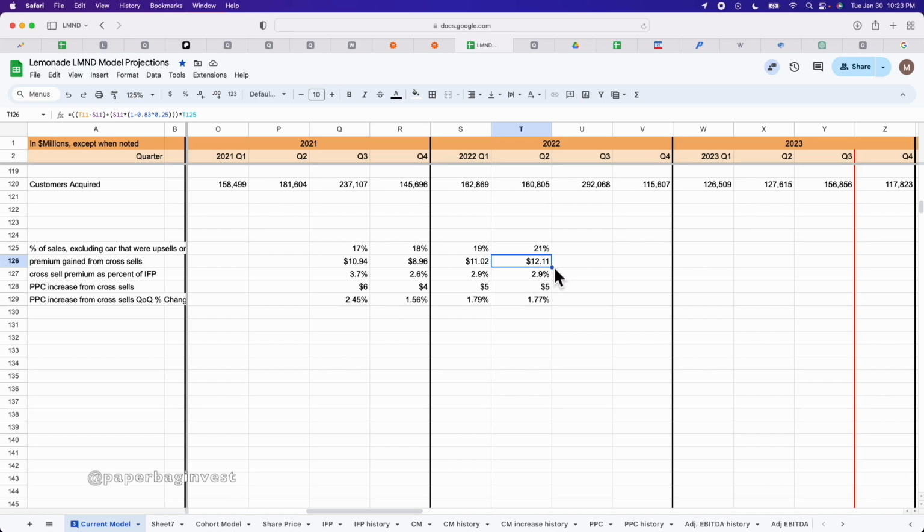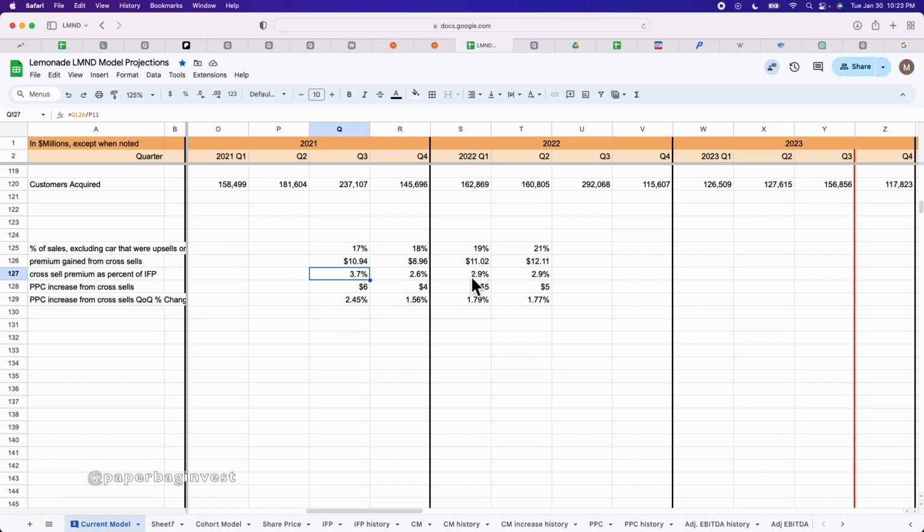And then if you ask what percentage of that premium gained is as a function of the total book of business, you take that figure divided by the total amount of premium, and you get about 2.9%. So it's hovering about 2-3%, and it makes sense that it's a somewhat consistent number.